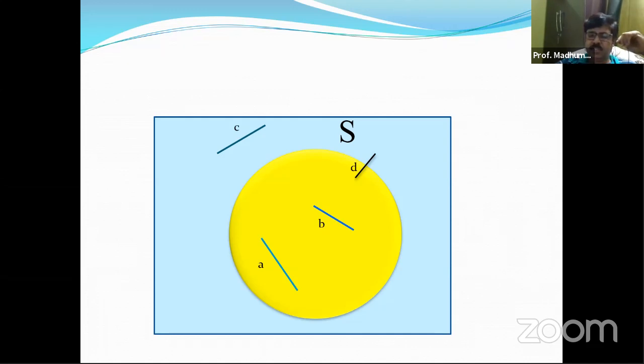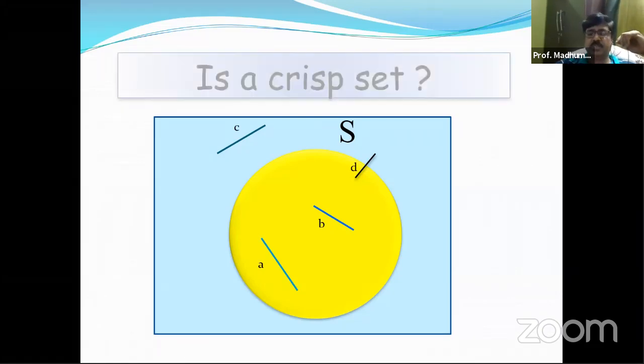But our conventional set theory, this type of situation we never consider. The question is how this kind of situation can be represented in a mathematical form, if an element is partially inside or partially outside. In this situation, we cannot say D belongs to the set or D does not belong to the set.